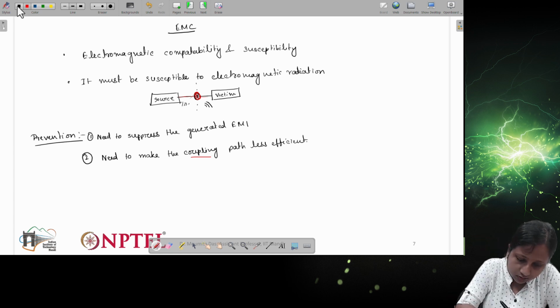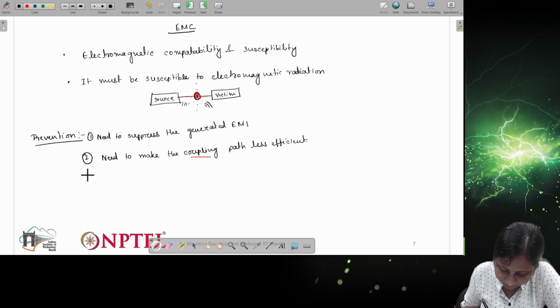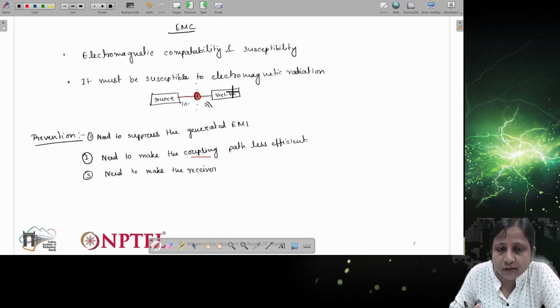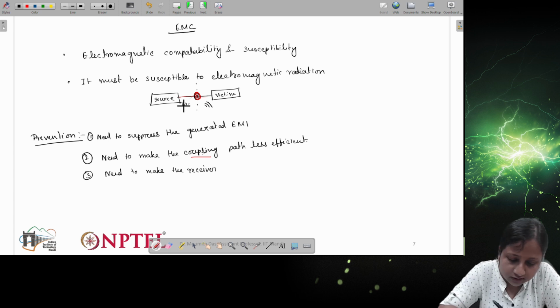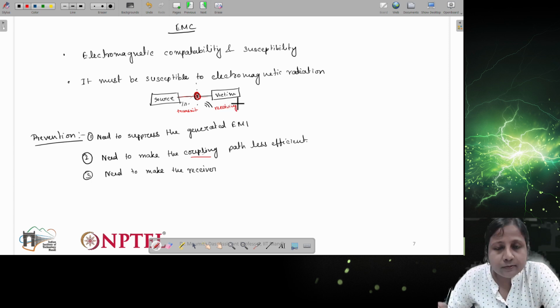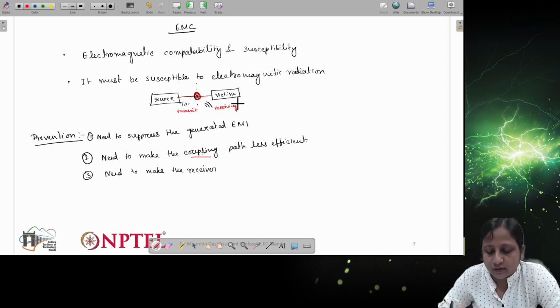Okay. Now, third is that we need to make the receiver less susceptible to interference. So here, which is the receiver? In this particular block diagram, the receiver is the victim. This is the transmitter, the point where it is transmitting, and this is the point where it is receiving. The receiver is the victim, or we can say the power converter.